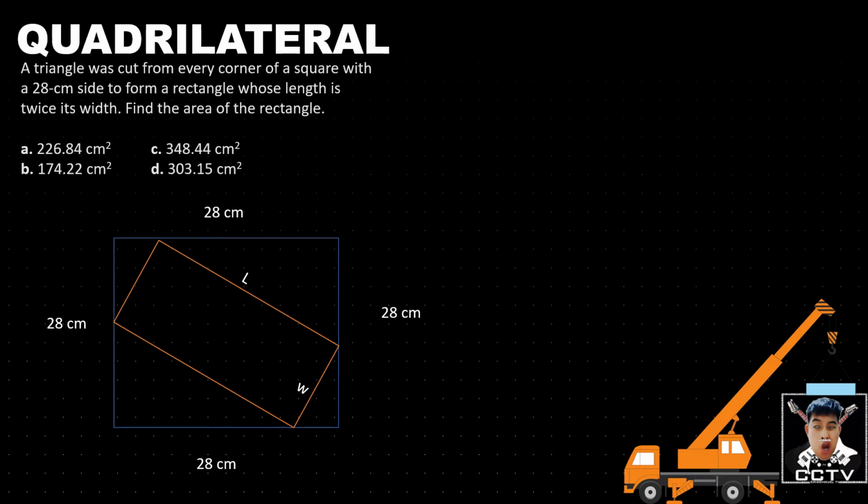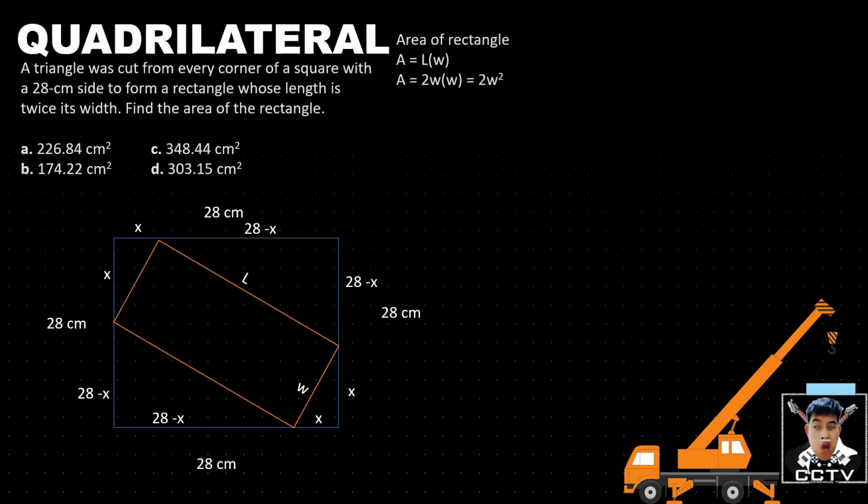And this one is, of course, its length, and this one is the width. Now we all know this is the same, x and x. And of course, the same din yon, dalawang yon. Ang area naman ng rectangle is length times width.